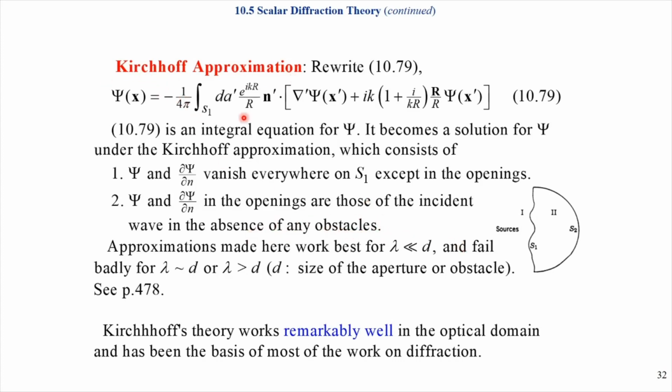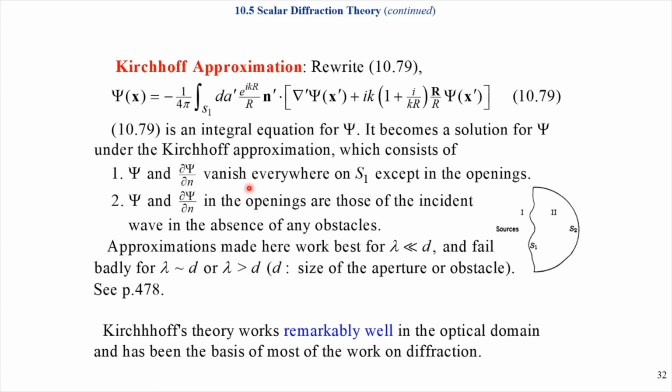Kirchhoff makes two assumptions. One is we don't have to consider the wave except for the opening. The second approximation is that phi and partial n are just the incident wave without the obstacle.